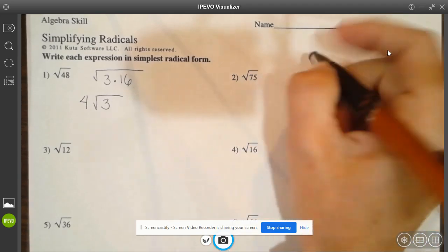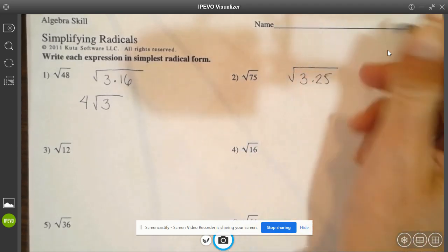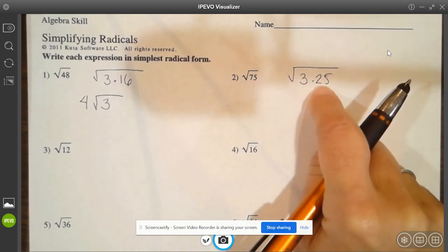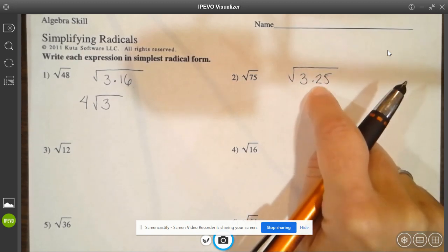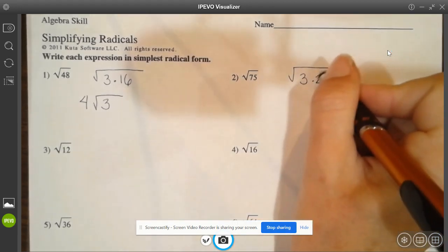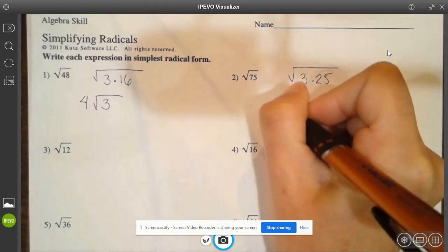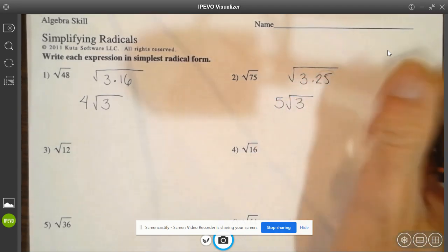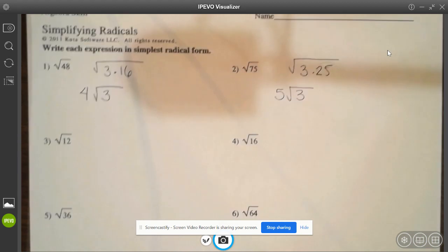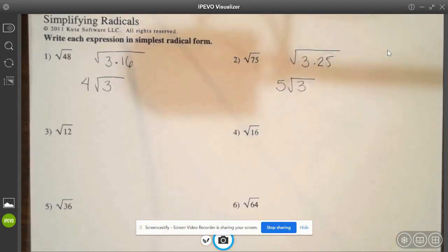All right. So we know that 75 is 3 times 25, and the square root of 25 is 5, so 5 times 5, right? So we take the square root of this one, and that would be 5. We put it outside, times the square root of 3. So you are looking for factors of these numbers.